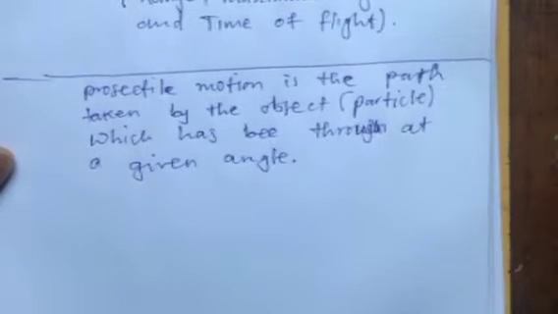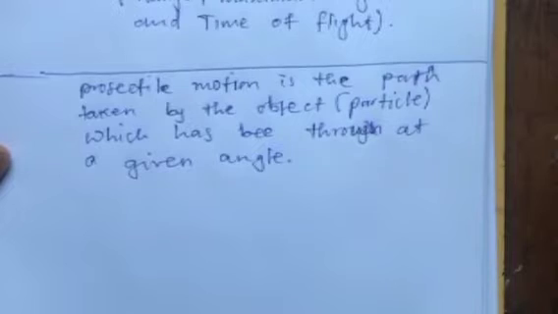The same applies even here. We are going to have the same laws applicable. For you to understand fully what a projectile is all about, you need to know the conditions, or rather the situations, and how to describe the same situations whenever the object is moving.